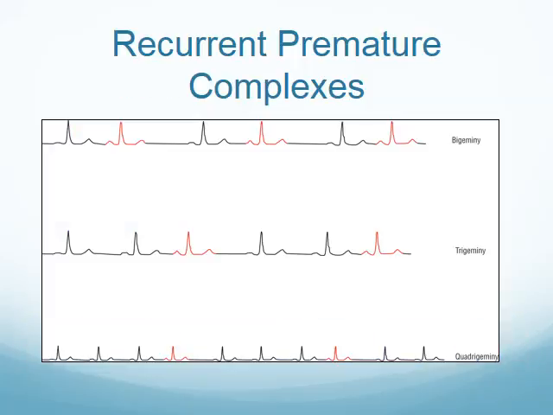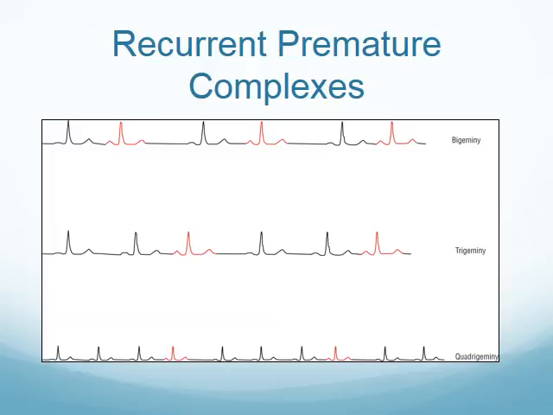So we're going to look at some examples. These are recurrent premature complexes. We can have isolated complexes. You just see one here and there, and they're not regularly premature. But in these examples here, we do have examples of premature complexes that are consistently there.